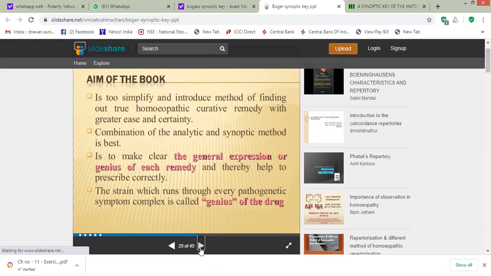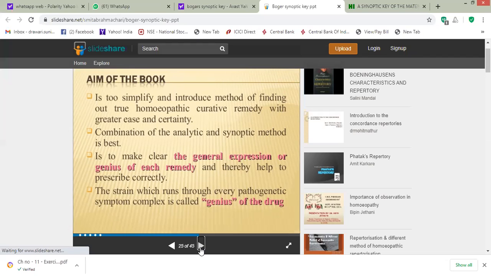Then what is the aim of this book? Why did Dr. Boger construct this book or this short repertory? It is to simplify and introduce a method of finding out the true homeopathic curative remedy with greater ease and certainty.